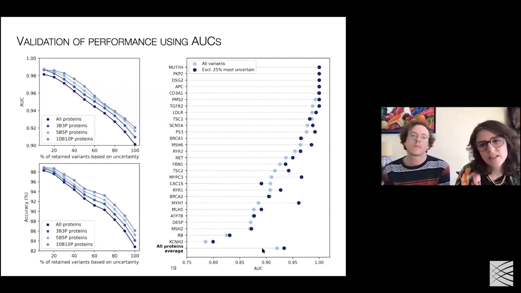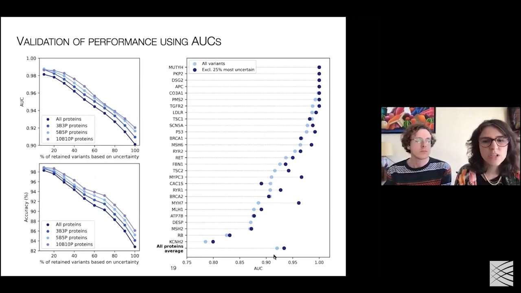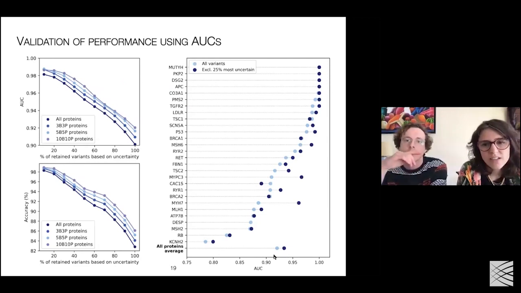And I think that this last point here shows well the overall performance. This is the average of the AUC over all the proteins that we studied. And having an AUC of about 0.93, we can see that evolutionary evidence is a strong predictor of pathogenicity.